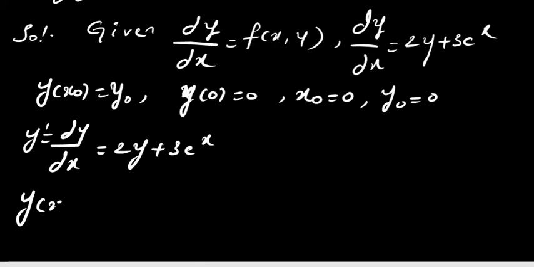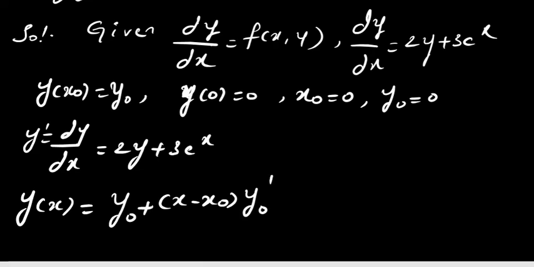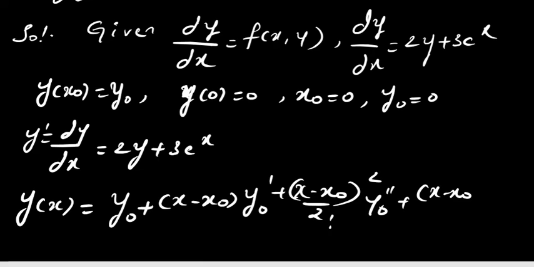So the Taylor series formula, y of x is equal to y naught plus (x minus x naught) y naught dash, (x minus x naught) the whole square by 2 factorial y naught double dash, (x minus x naught) whole cube by 3 factorial y naught triple dash.